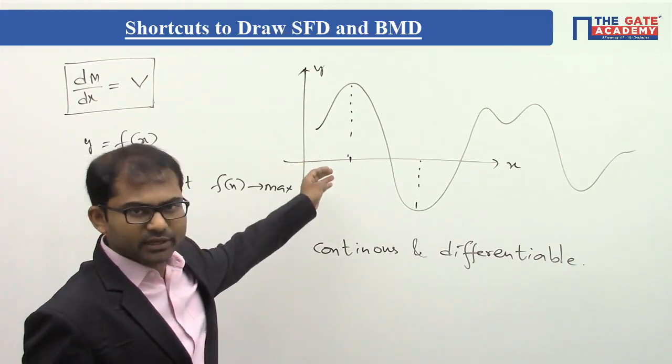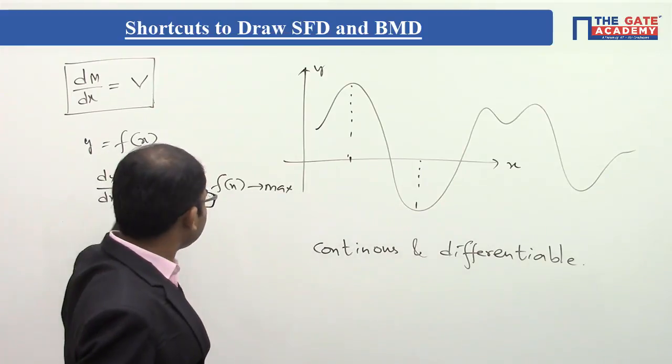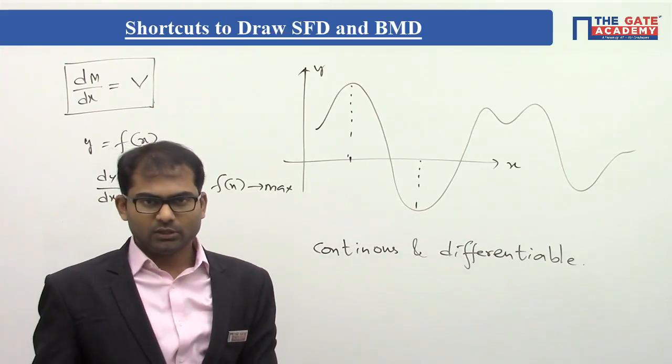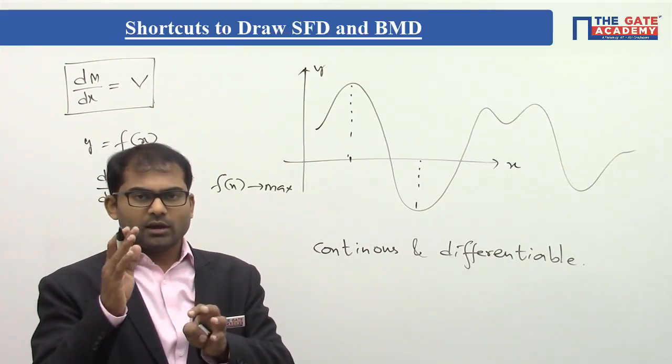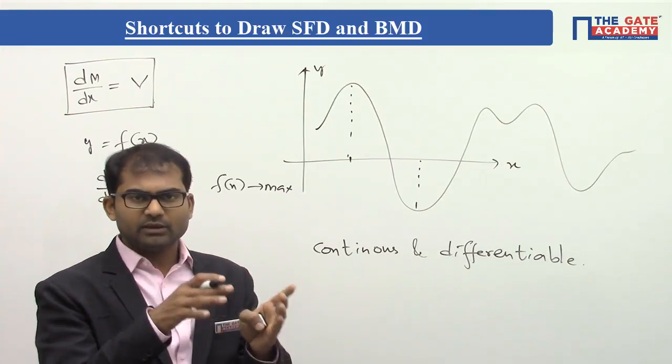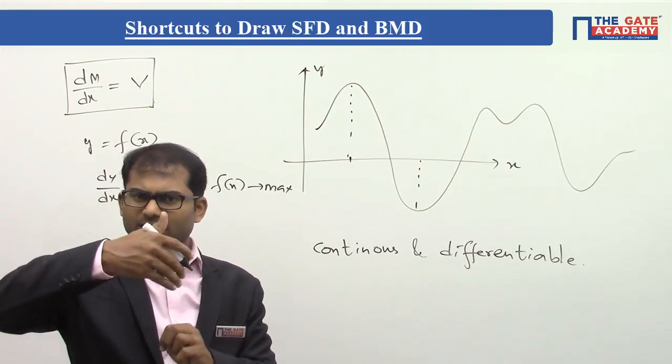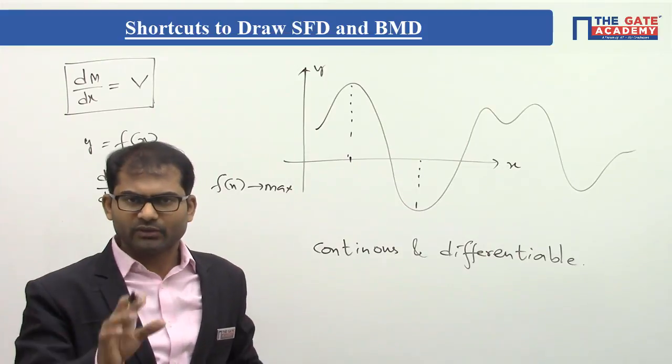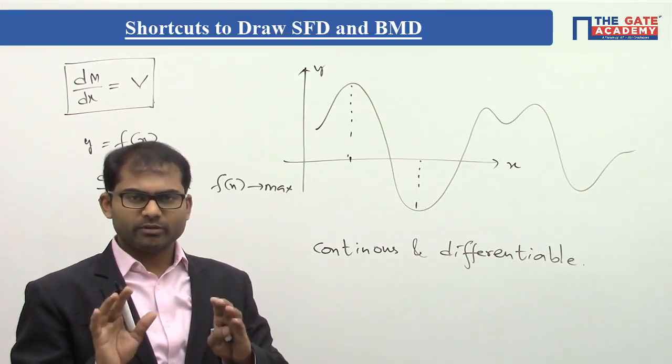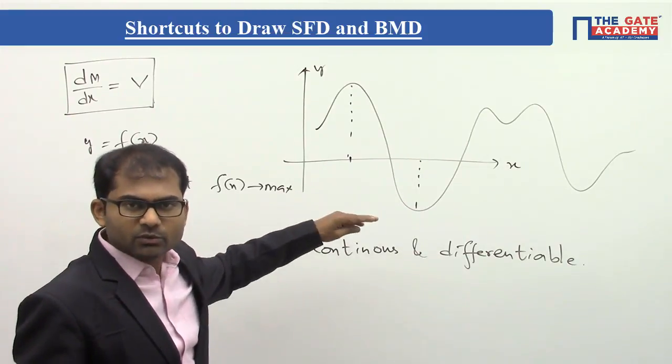If there is any discontinuity, then this statement may not be fully correct. So you have to take it by parts, left of the discontinuity separately, right of the discontinuity separately, and the mathematics extends. But we are not concerned with that. So just remember that wherever the function is maximum, slope should be 0.